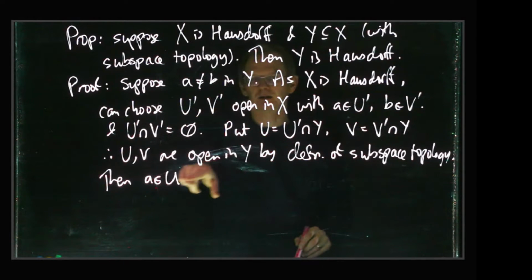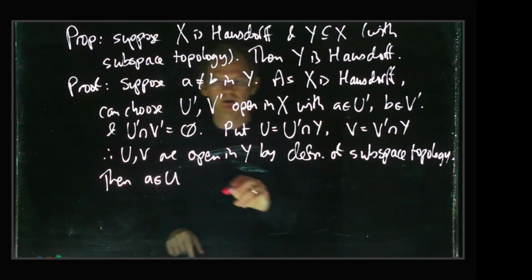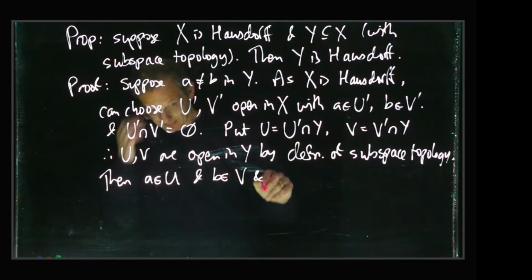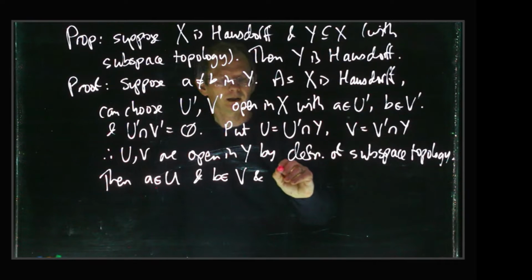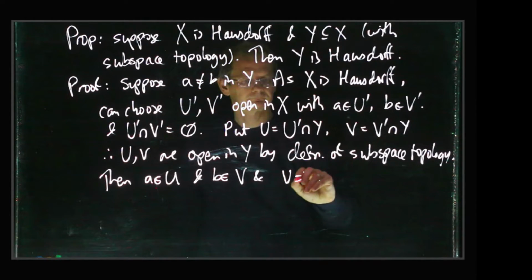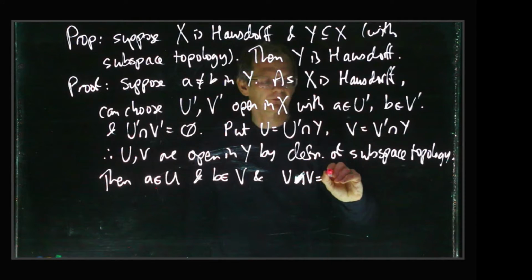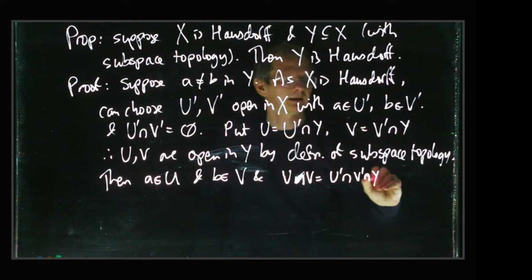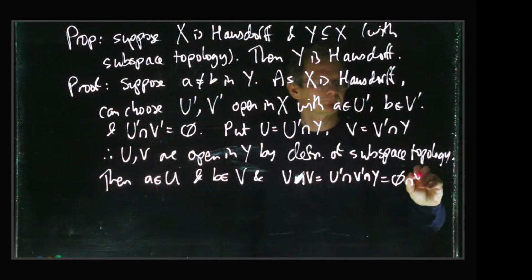So A lies in U prime intersect Y, which is U, and B is in V similarly. And U intersect V is just the same thing as U prime intersect V prime intersect Y, which is empty.